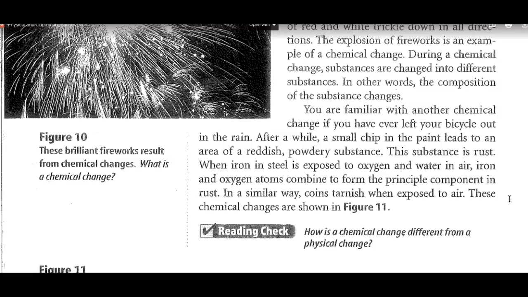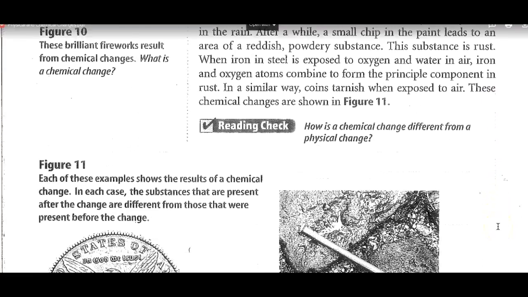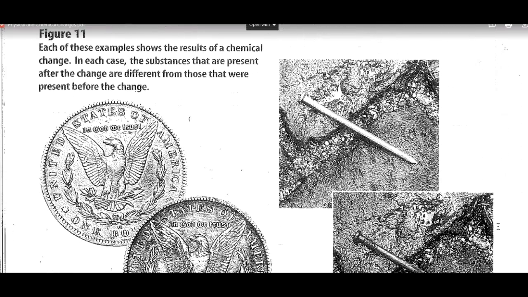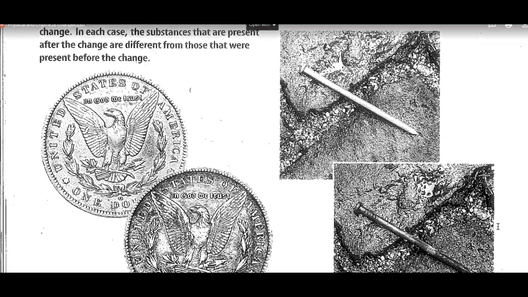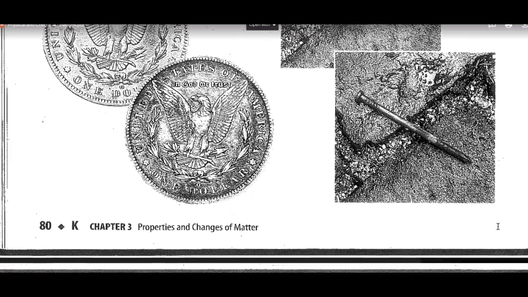In a similar way, coins tarnish when they're exposed to air. These chemical changes are shown in Figure 11. And those are all definitely chemical changes, the rusting of things and the tarnishing of things.